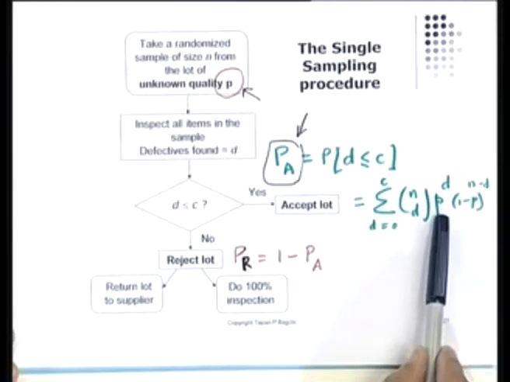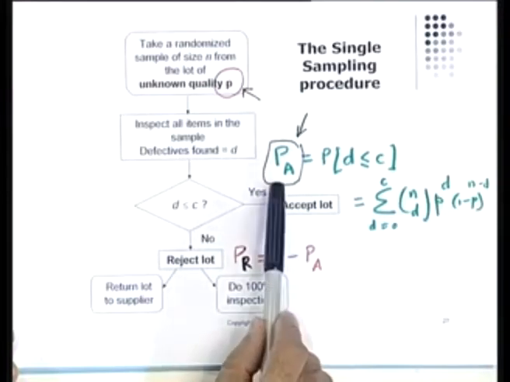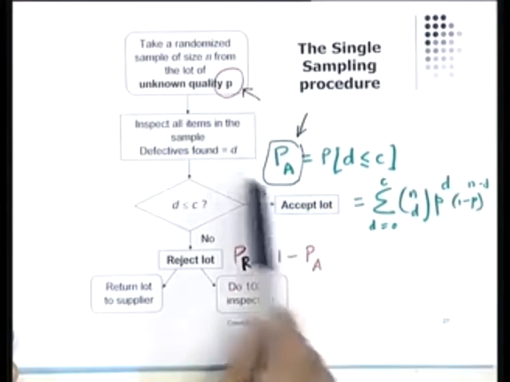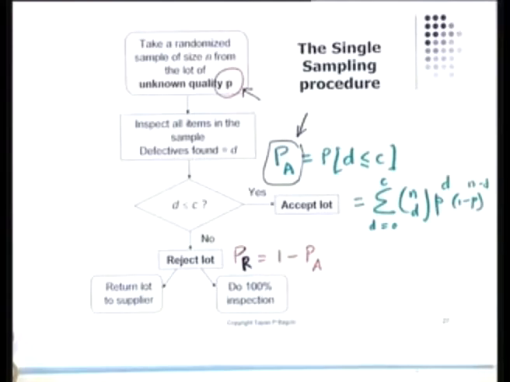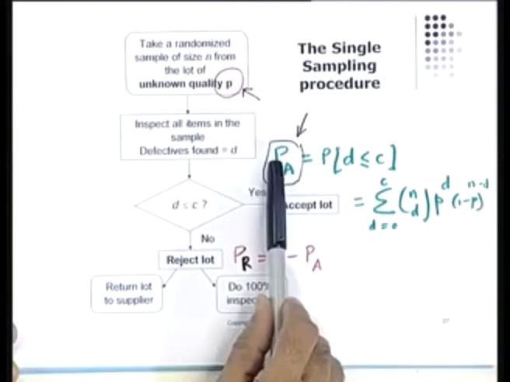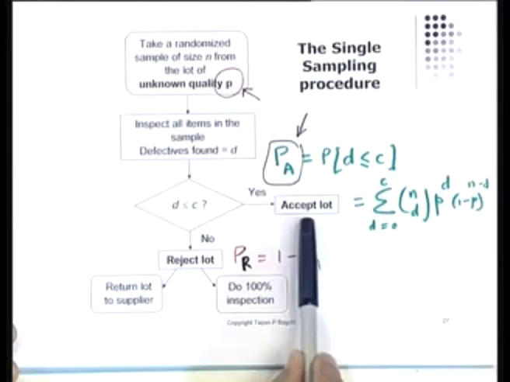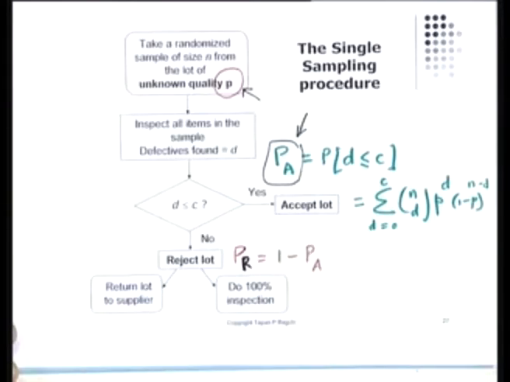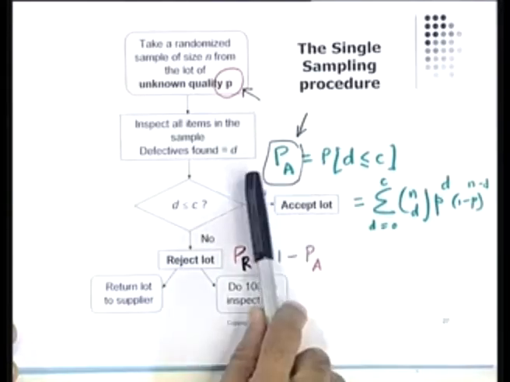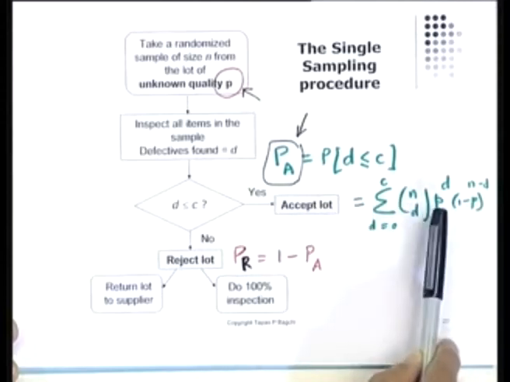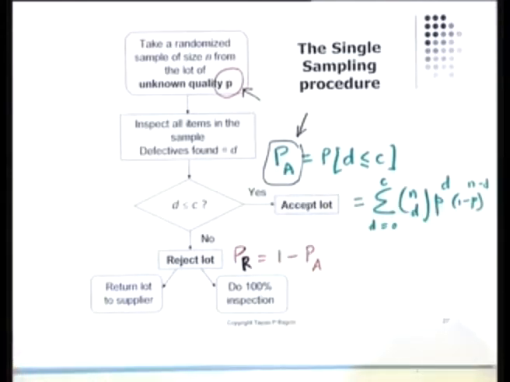Now if little p changes, PA also will change because that will be determined by this formula there. As I change p, PA is going to change. PA is the chance of accepting the lot, the probability of accepting the lot. Now there must be a relationship between this little p and PA, and that is shown by the OC curve. Let's take a look at this curve.